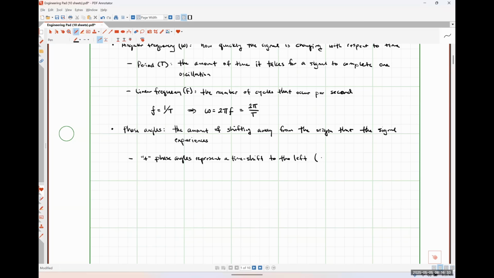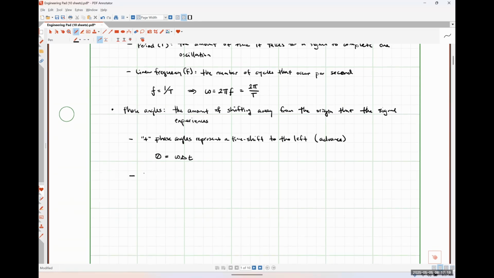So we would call this an advance, okay? And the amount of that advance, which I'm just going to call delta t, is going to simply be equal to omega, that's radians per second, let me do it this way. Our phase angle phi would be equal to omega times delta t, where delta t represents the amount of time shift that we've experienced. Okay.